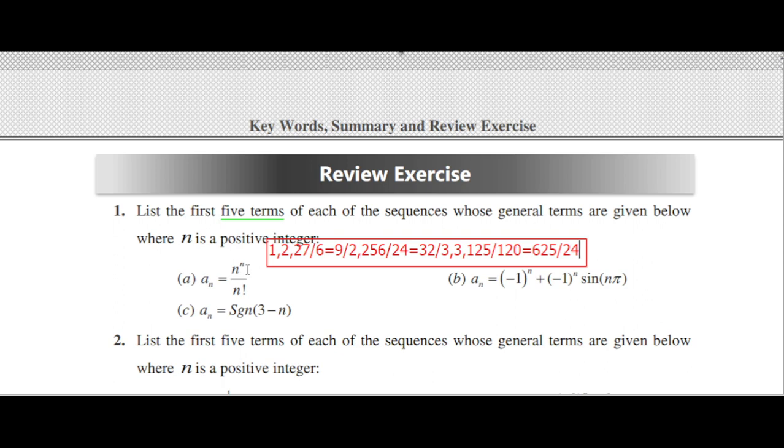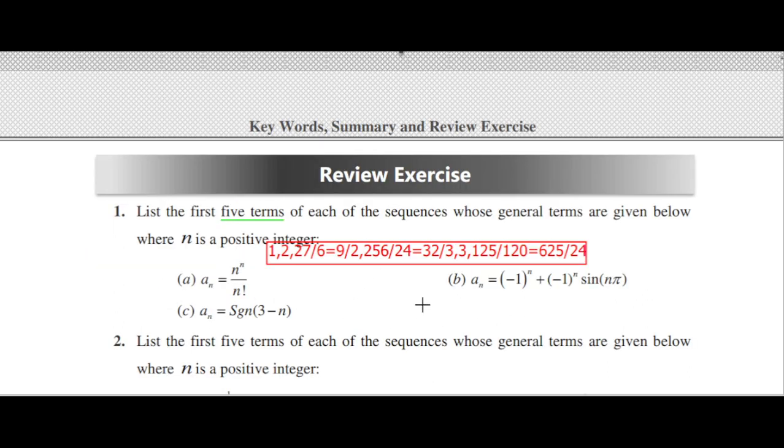Let's go to question number B. Let's start with n equal to 1. When we substitute 1, minus 1 to the power of 1 is minus 1.